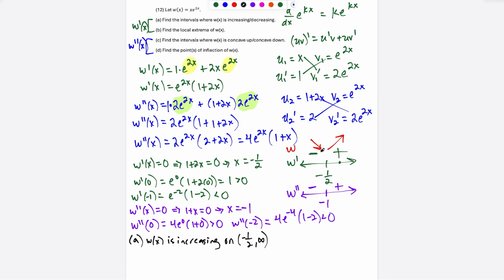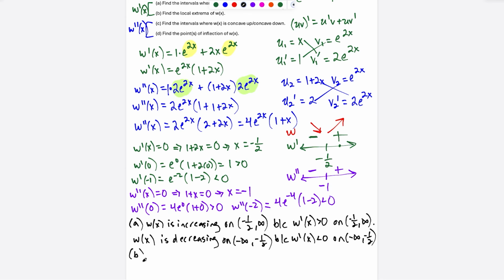For justification, I would say it's increasing because w prime is greater than 0 on -1/2 to infinity. And w is decreasing on the other interval because w prime is negative on that interval.